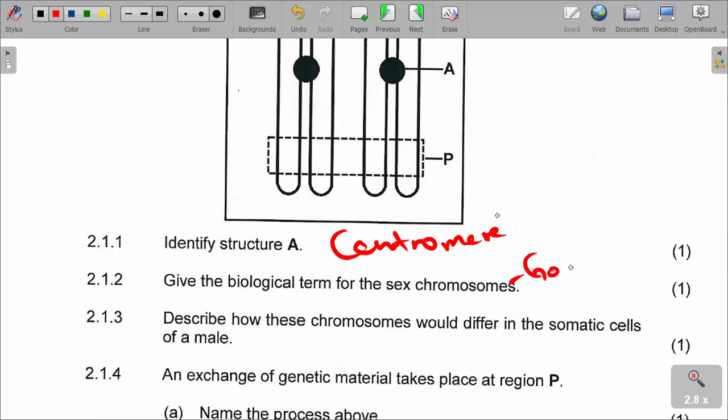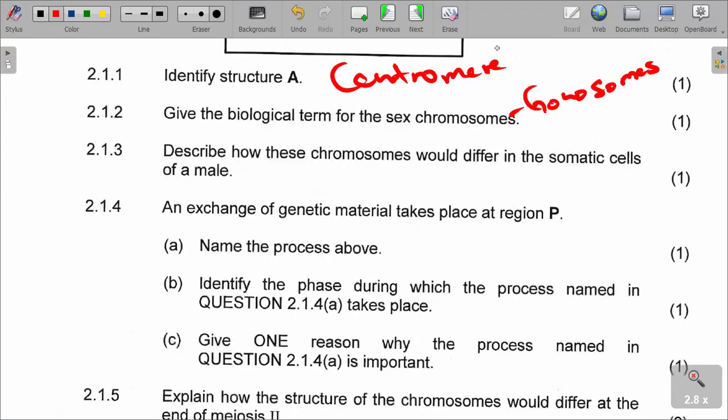These are called gonosomes. And then describe how these chromosomes would differ in the somatic cell of a male.